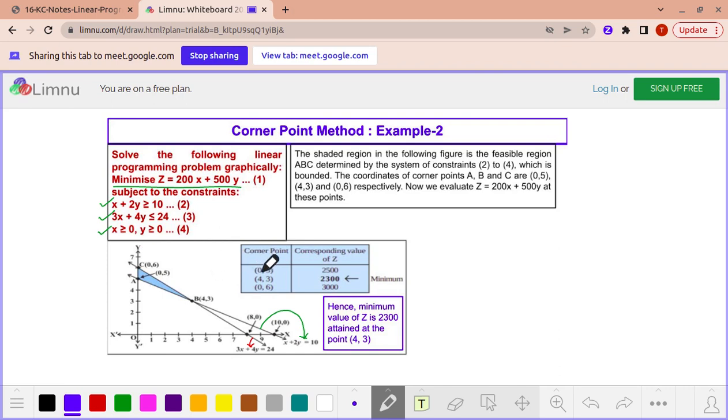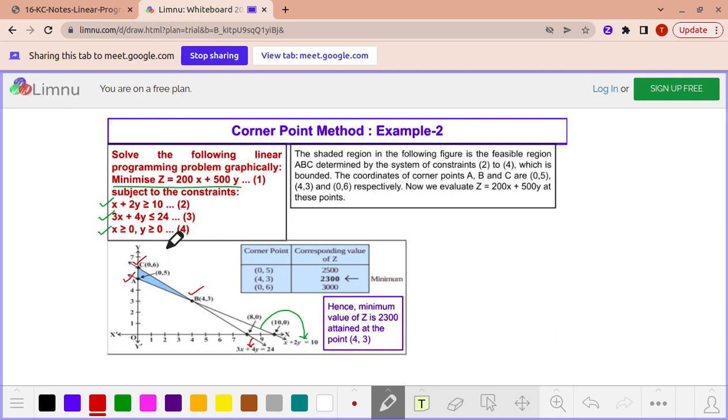Correct. Now we find the coordinates of the point A as 0, 5, coordinates of the point B as 4, 3, and coordinates of the point C as 0, 6. So how do we find the coordinates of the point A? Very simple.